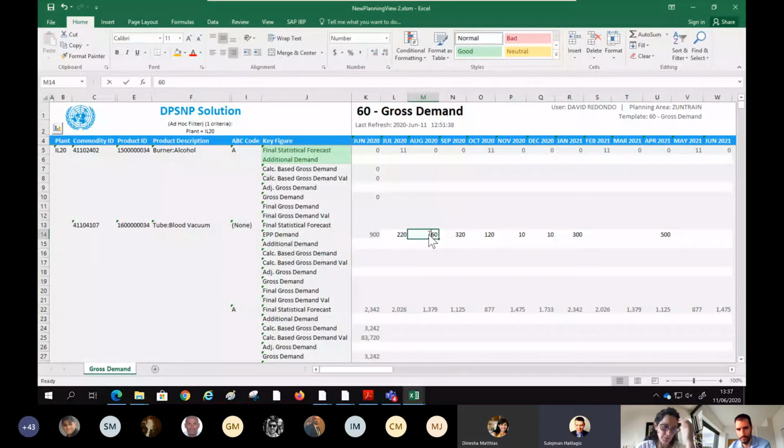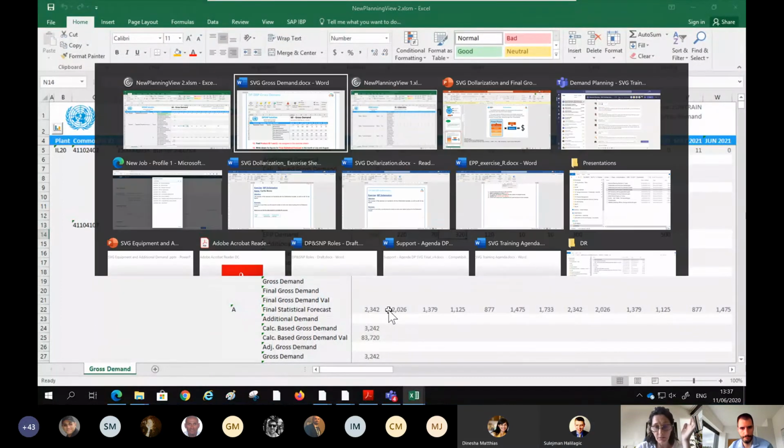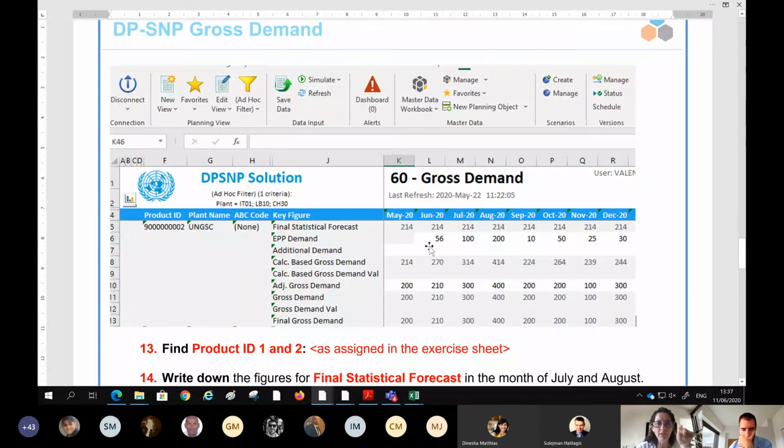David, one second, because the question was actually a little different from what we interpreted. If you do a correction at additional demand, it's not just one element. It can be equipment replacement, another project, or ad hoc demand. So the question is, if I adjust here, how does the system know what I'm adjusting?